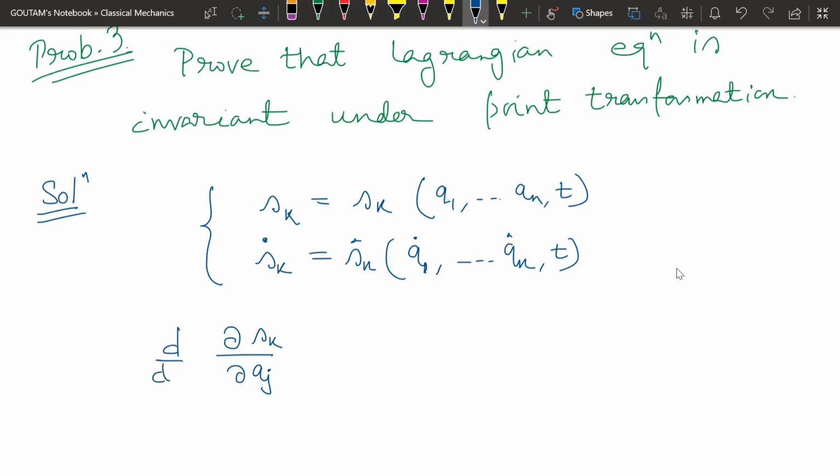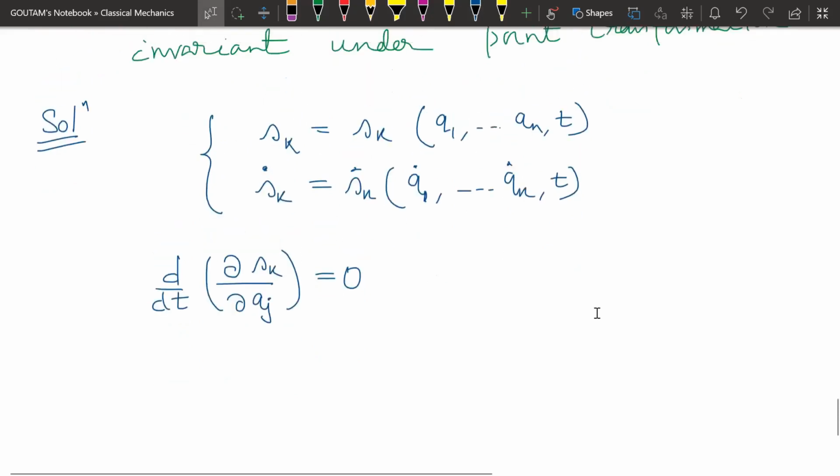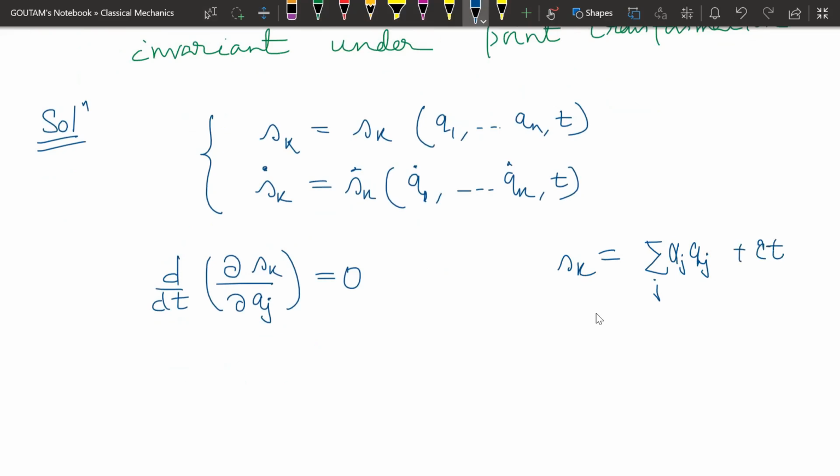and ddt of that will be 0, because del sk del qj will be a constant and ddt of that will be 0, because the transformations are linear. So linear means this sk will be a sum over the qj's, and some alpha j, where alphas are constants, plus some tau times t.